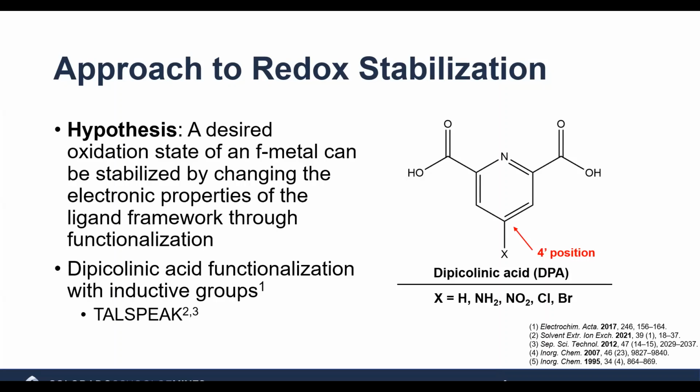It has also been suggested for separation of lanthanides from actinides in used nuclear fuel, and there are a variety of derivatives of dipicolinic acid that have been reported in the literature.